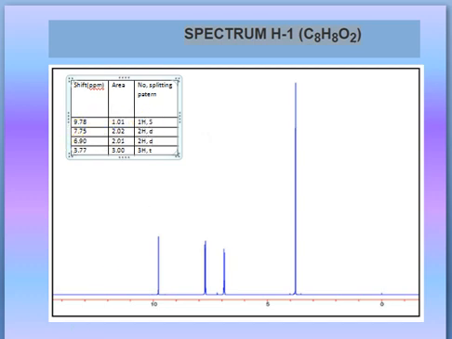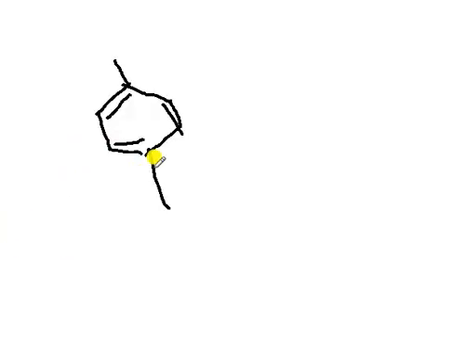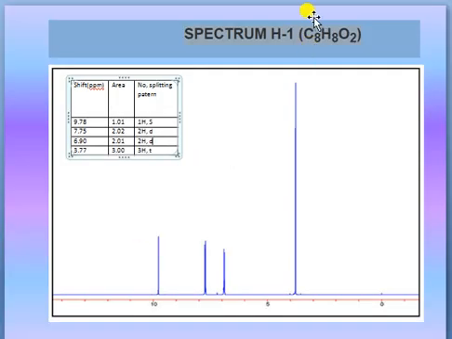So we have a structure like this. Already 4 protons are accounted for, 2 and 2. This you can see is a little high, but that doesn't matter.